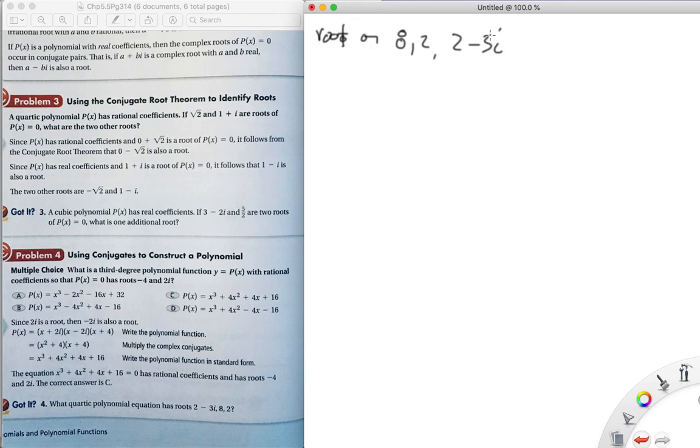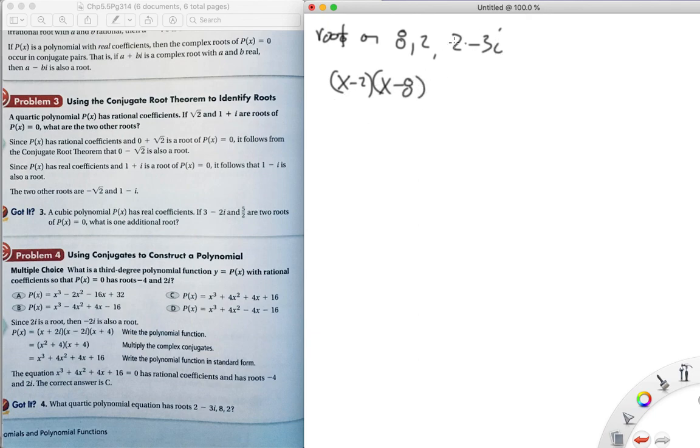They want to know what the other root is and then write the actual equation. So when we write the actual equation, these two guys are kind of easy to figure out. This would be x minus 2 times x minus 8, because those are the roots.